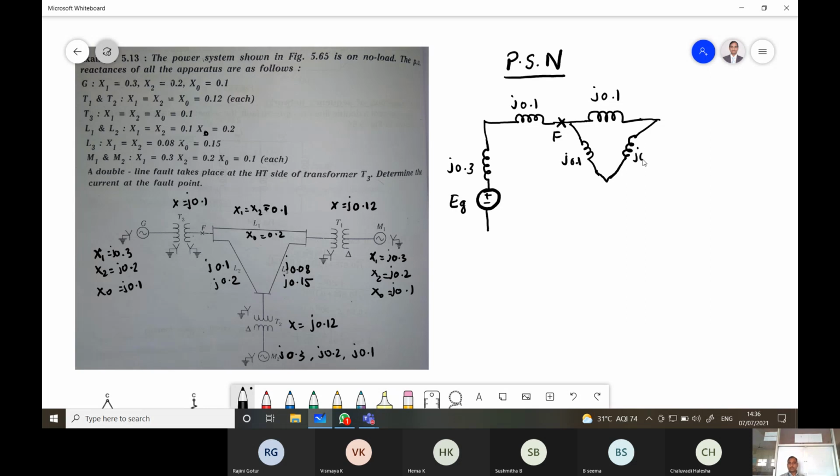This is j0.08. Right? From this transformer to j0.12, and motor, this is EM. Motor reactance is j0.3, positive reactance.